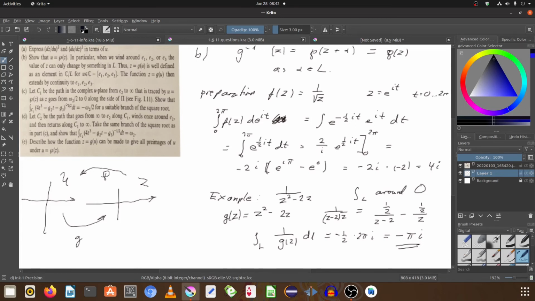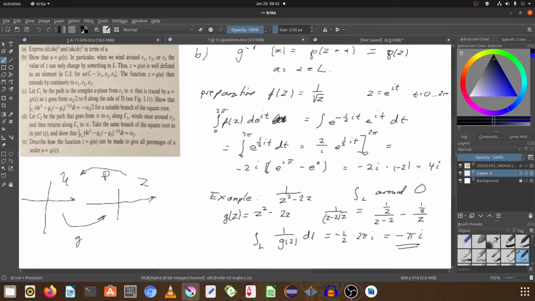E2 to infinity, I did get this. And then when we go once around and then out, it's the opposite sign. So it should be minus omega 2. Well, I get minus omega 2.